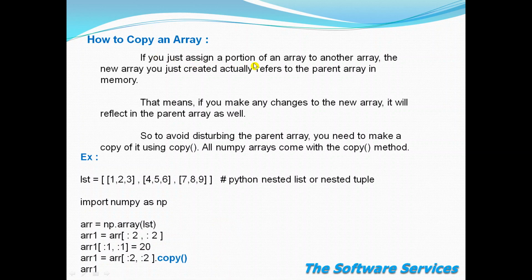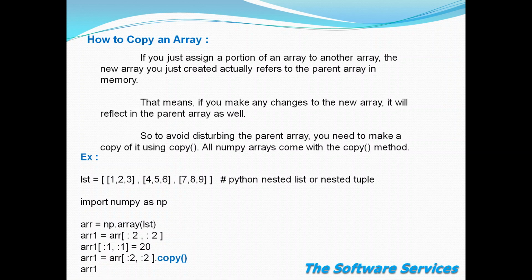If you just assign a portion of an array to another array, the new array you just created actually refers to the parent array in the memory. So if you do a simple assignment, the original contents will not be copied to that array, because the reference of that array will be given to the variable, like call by reference.